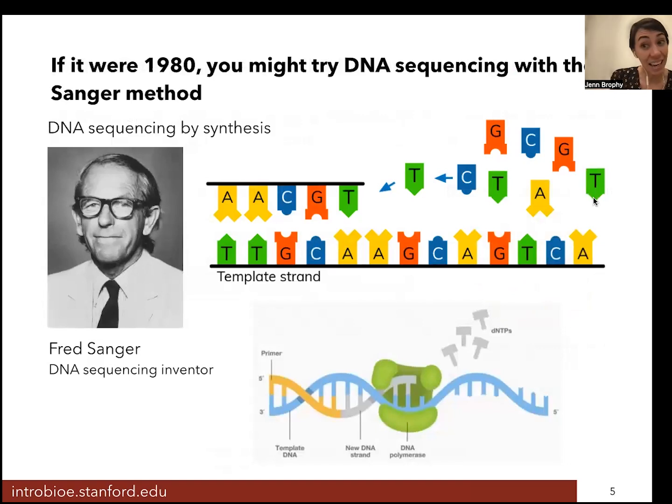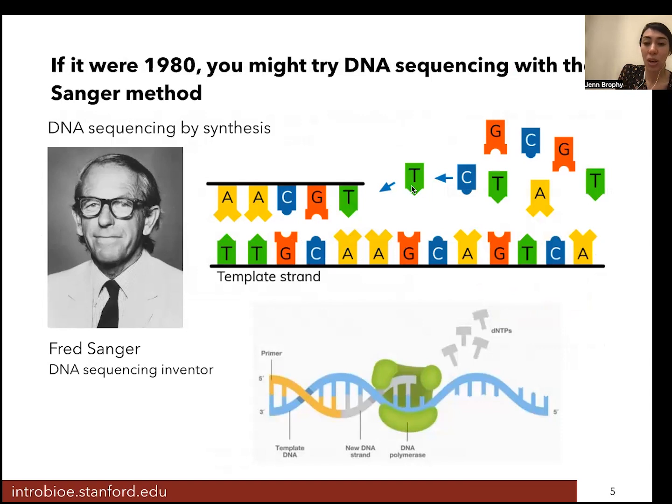Well, if it were 1980, 40 years ago, you might try DNA sequencing with the Sanger method. Sanger is essentially DNA sequencing by synthesis. This is a picture of Fred Sanger. He invented this method. And just want you to remember that usually when we synthesize DNA, we have a template strand, and then we have the strand that you're building.